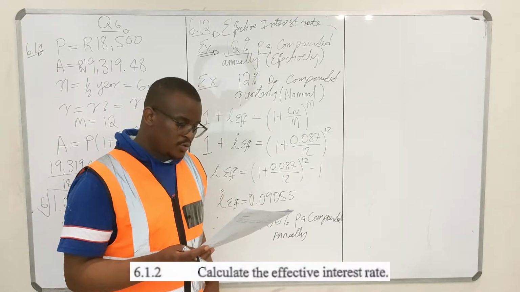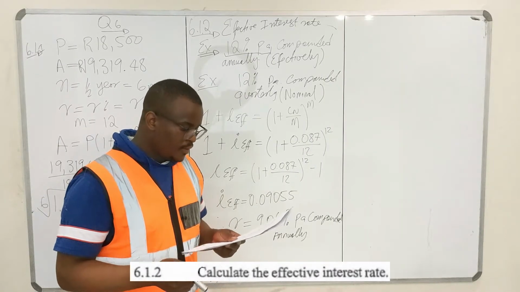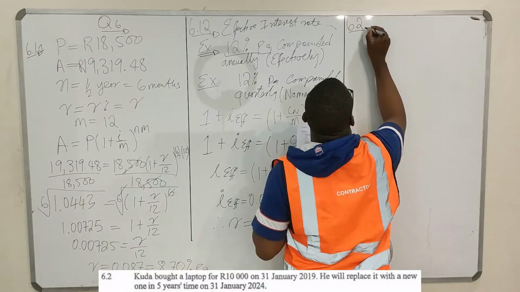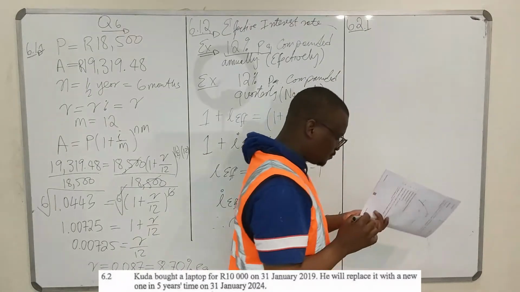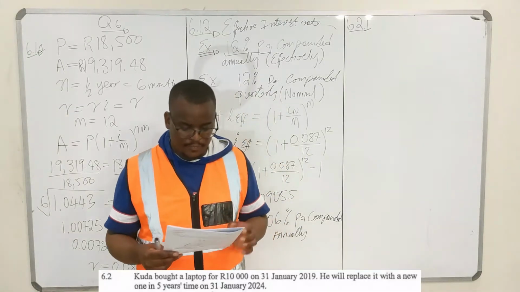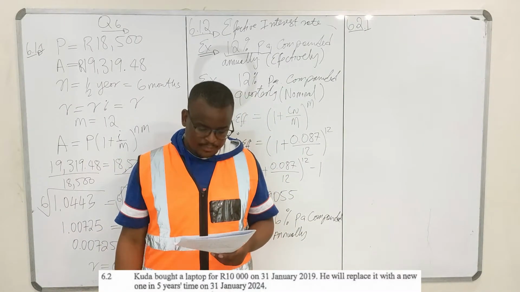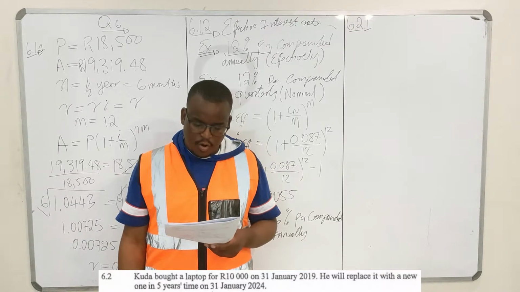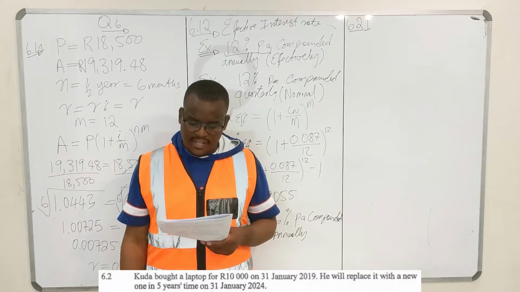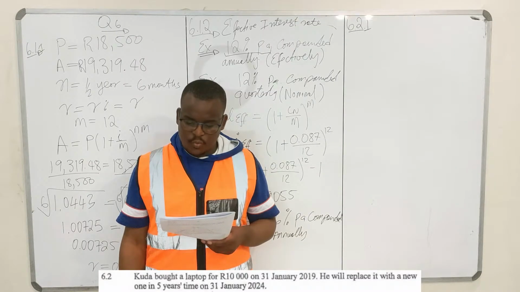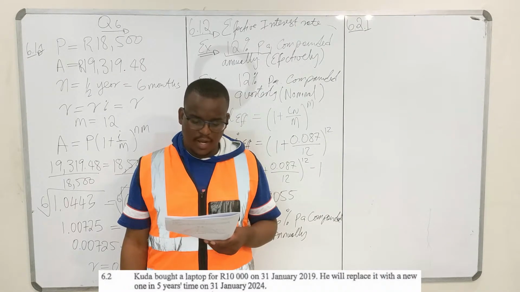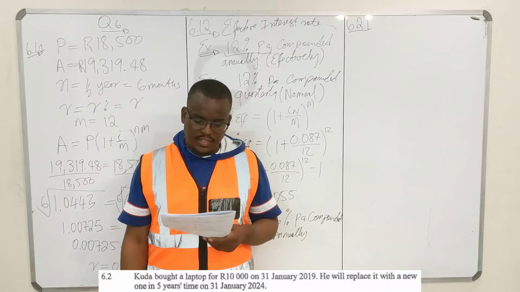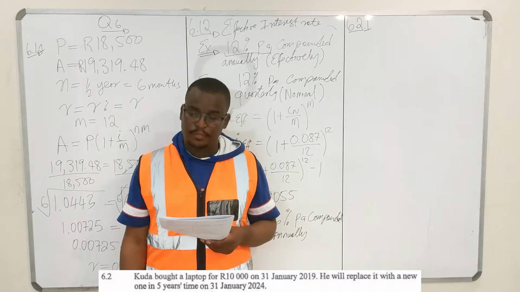Go to 6.2. What are they saying? They are saying Kuda bought a laptop for 10,000 rands on 31 January 2019. He will replace it with a new one in 5 years' time, on 31 January 2024.